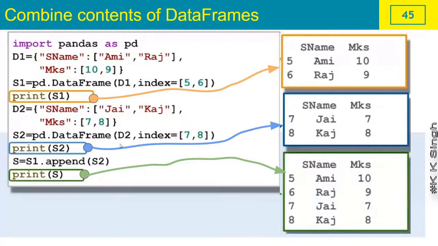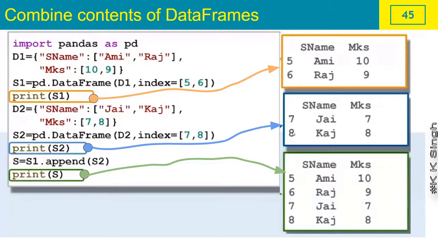If you print S2, you'll get S name J and MKS 7, S name Kaj and marks 8, and the indexes we have mentioned are 7 and 8.